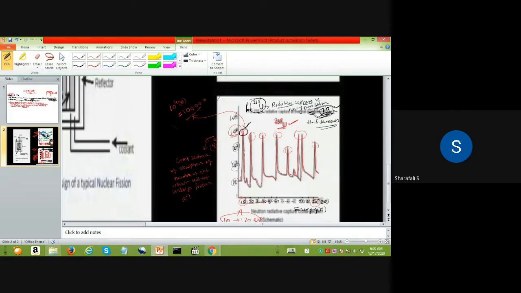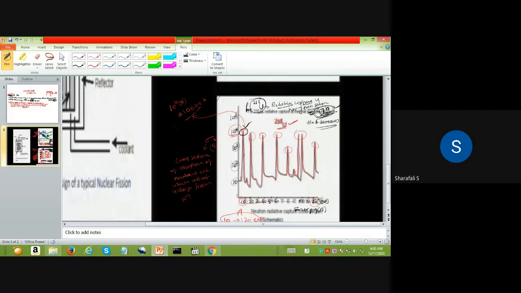So what that means is that the probability for radiative capture in uranium-235 is very small in the low energy region. In the lower energy region, uranium-235 has only 97 barns for the radiative capture cross section, absorption cross section.